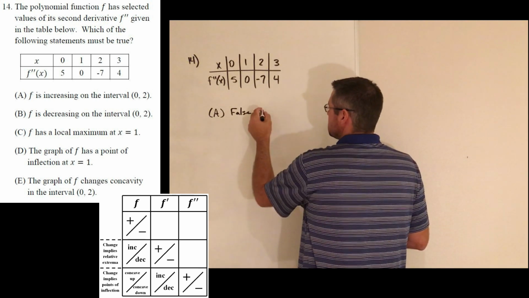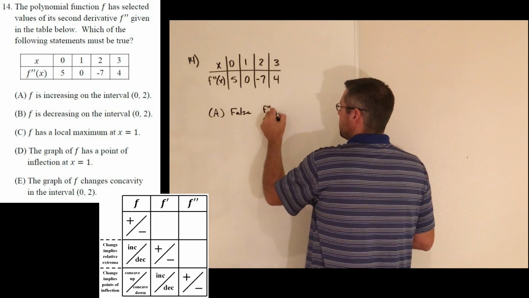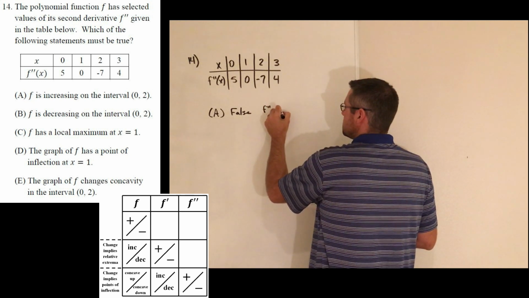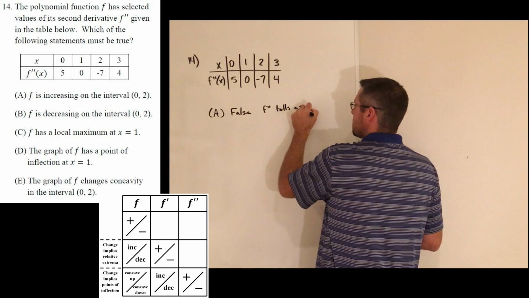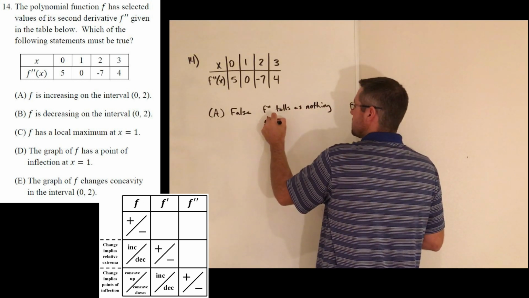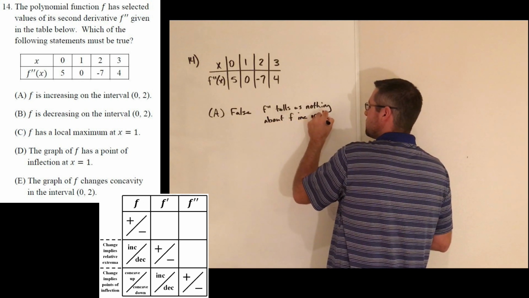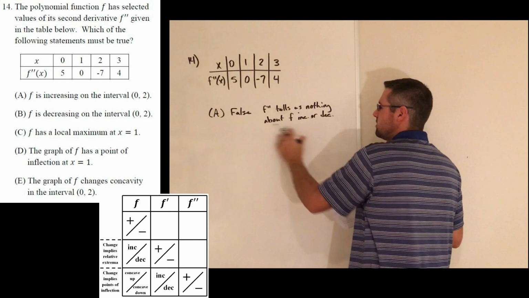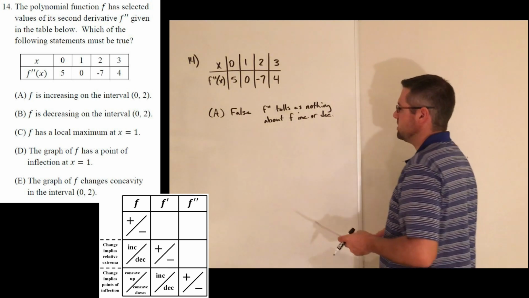That's because f double prime tells us nothing about f increasing or decreasing. I'm not asking you to justify that on any test, but it's a good reason to understand that.